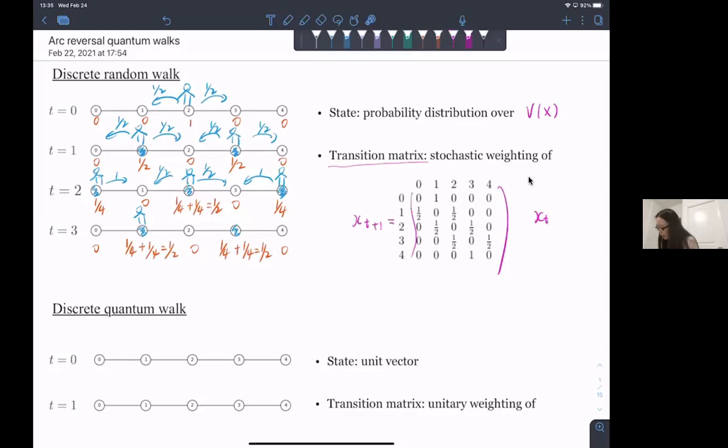Because this matrix must map a probability distribution to another probability distribution, we must have a stochastic matrix here. And because it also respects the adjacency matrix of the graph, this transition matrix is a stochastic weighting of the adjacency matrix of the graph.